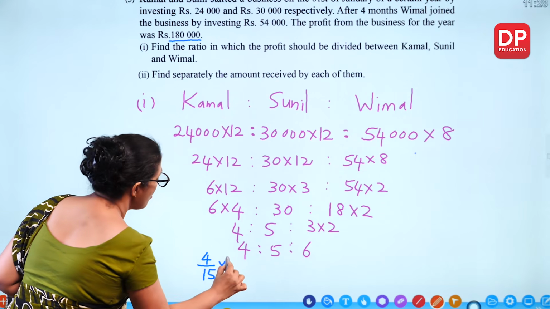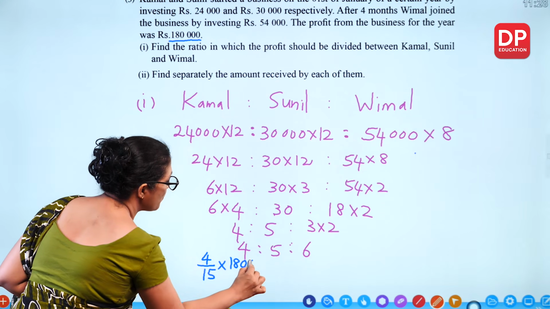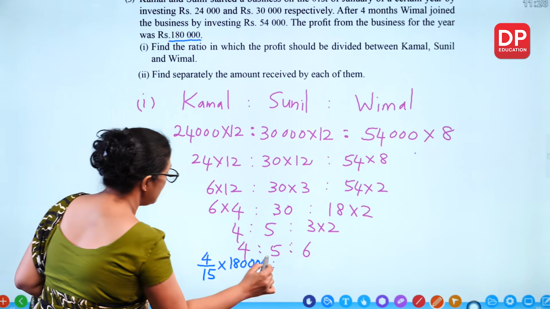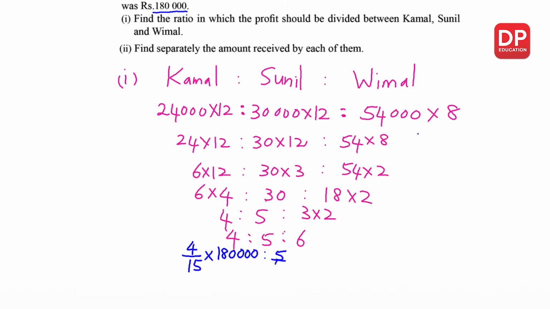That into 180,000 rupees. For Sunil, 5 over 15 into 180,000 rupees. And for Vimal, this is 6 over 15 into 180,000 rupees. Now simplify.